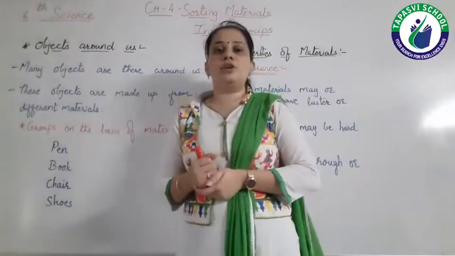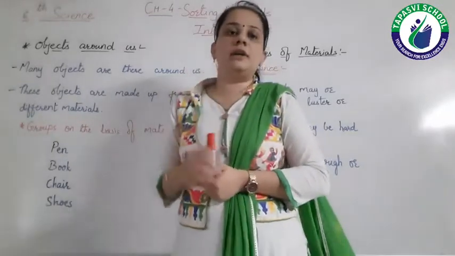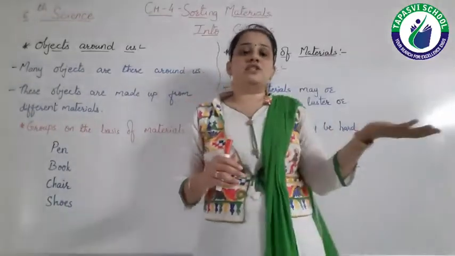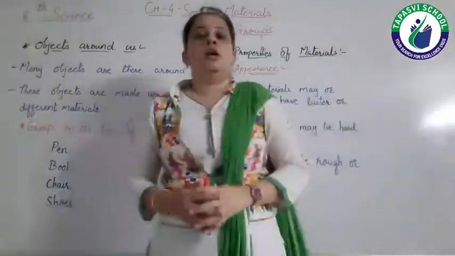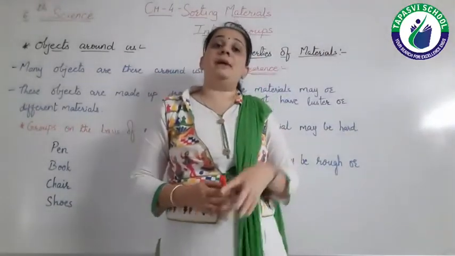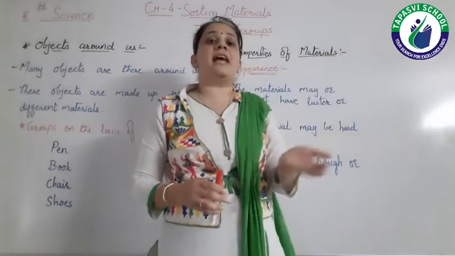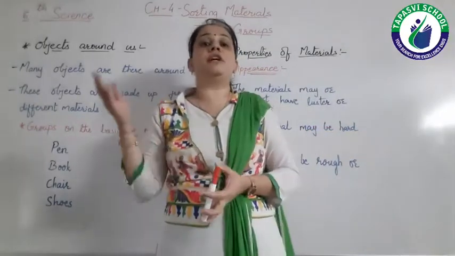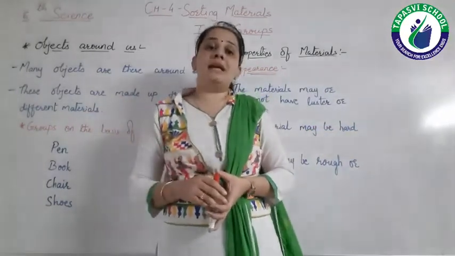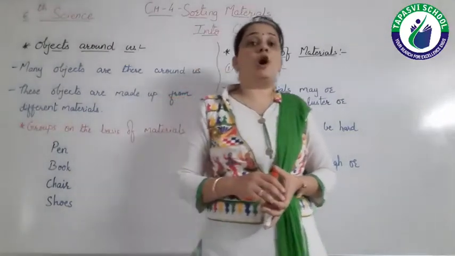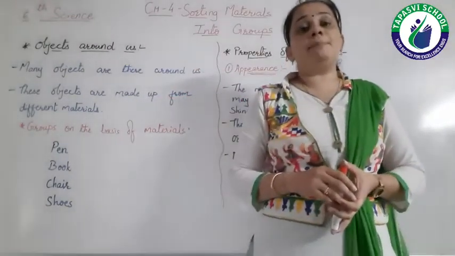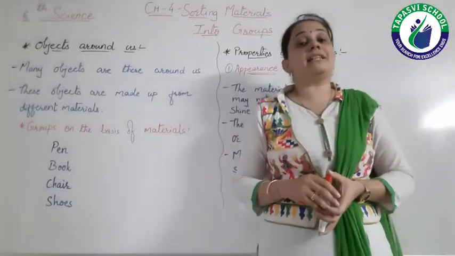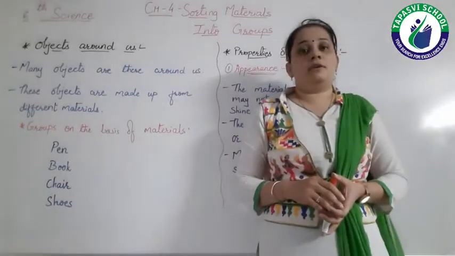A water bottle you can use to fill water, while you can use the chair to sit only, right? So different objects are made up of different materials as well as they have different uses. So on the basis of different properties, we can separate these materials. We can separate these objects, right?